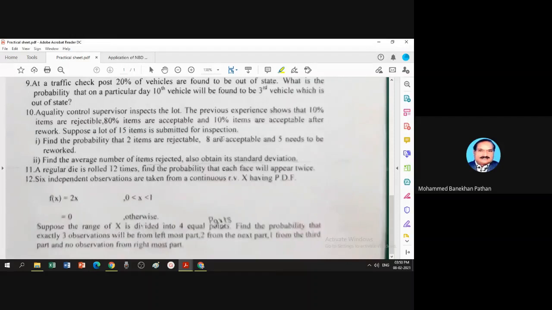That is the first bit. Second bit, find the average number of items rejected. Also obtain its standard deviation. Now the question is coming from multinomial distribution.